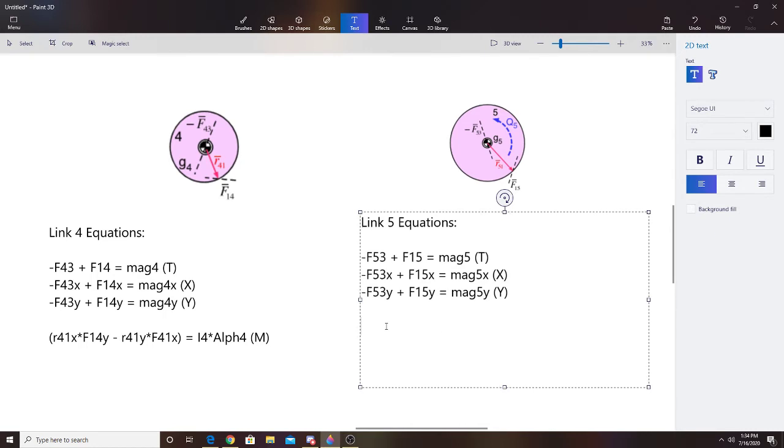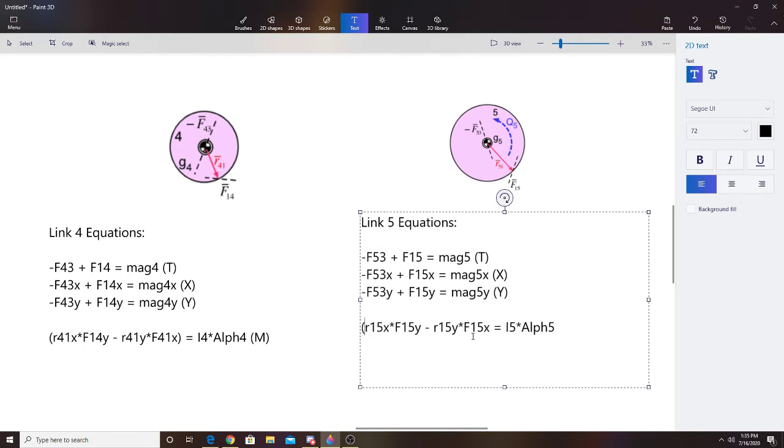So, let's move on to the moment equation, shall we? It's the same thing as the last one. The F53 is not part of it. So we do the same thing we did before, which is R15x times F15y minus R15y times F15x equals I5 times ALF5, right?